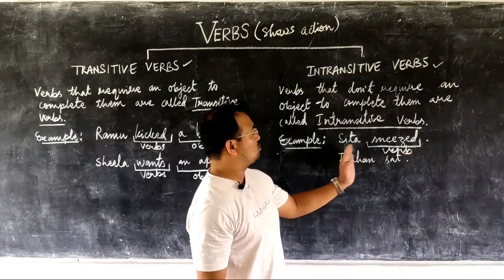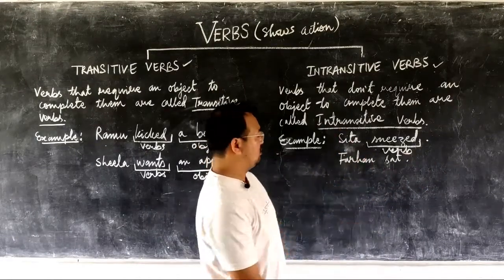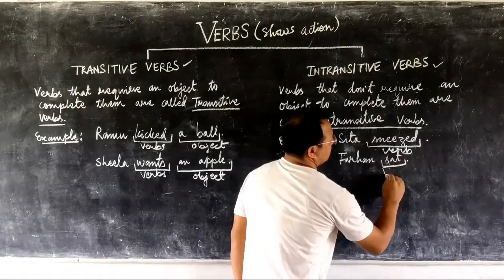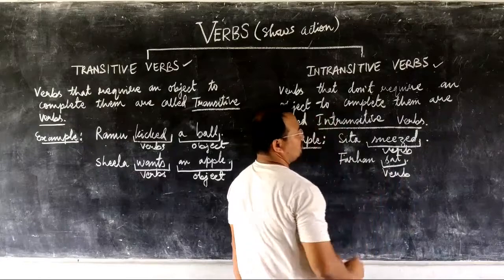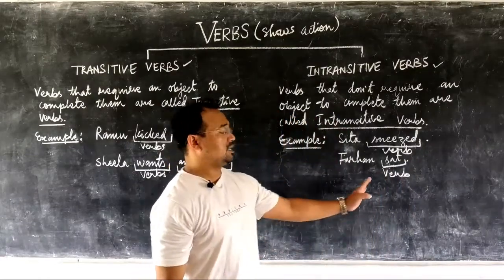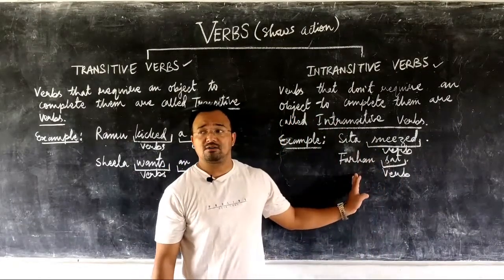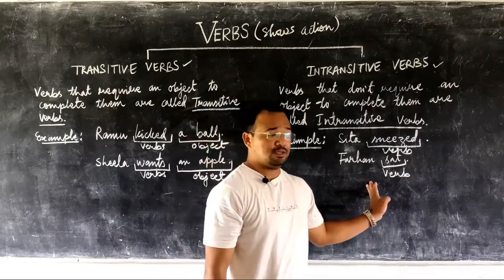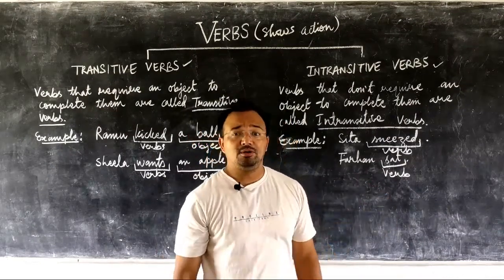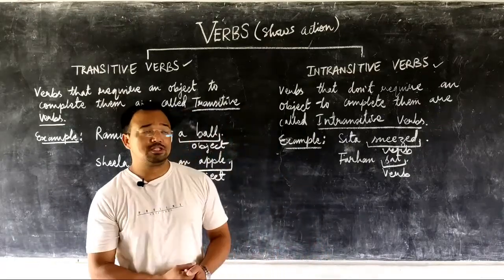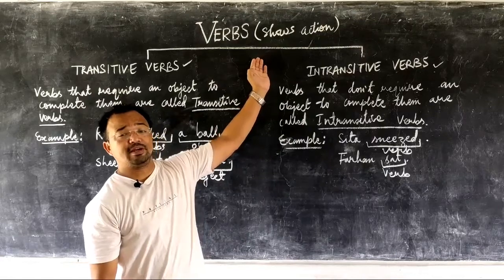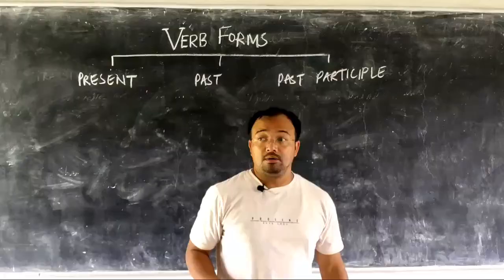That is called an intransitive verb. Next, Farhan sat. Here you have only a verb, there is no object, so this type of sentence is called an intransitive verb. Are you clear? In this way you will be able to solve such questions on transitive and intransitive verbs. I hope it is clear to you now what a verb is.